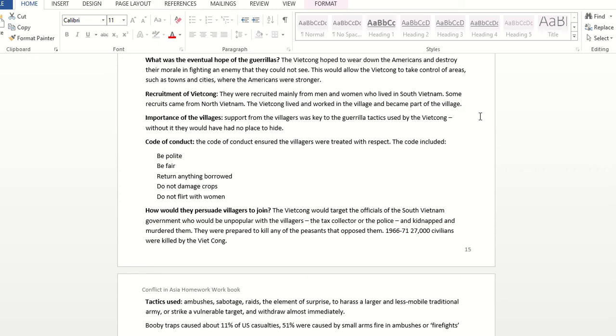Now, this meant that by working in the villages, the peasants would support the Viet Cong. But if they didn't, the Viet Cong would threaten the villagers. So it isn't 100% one way.